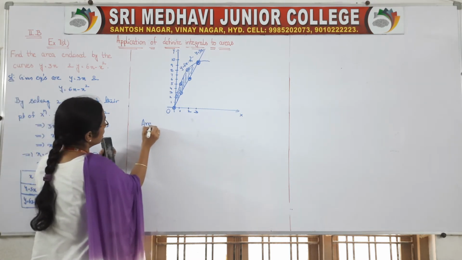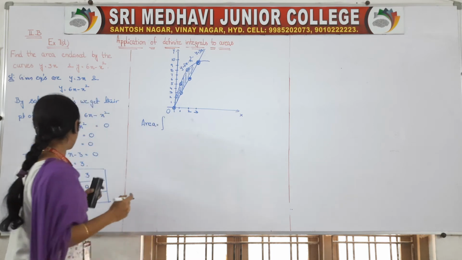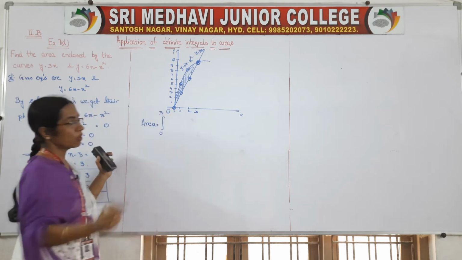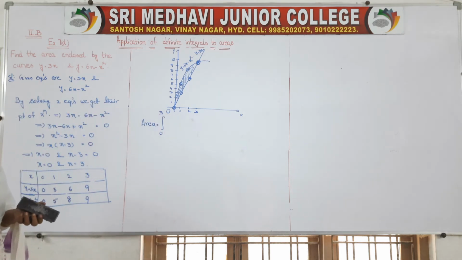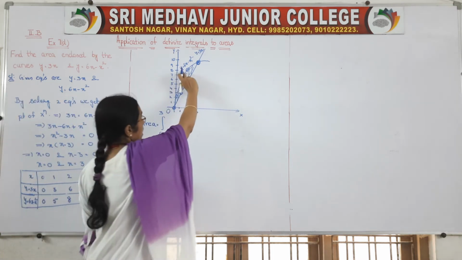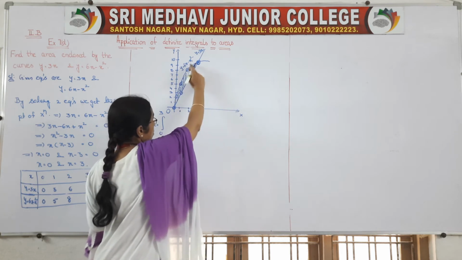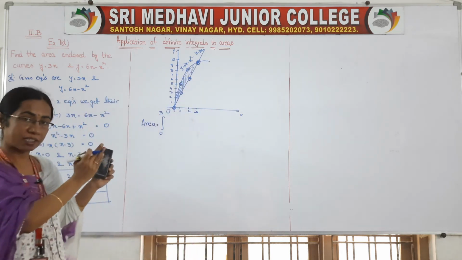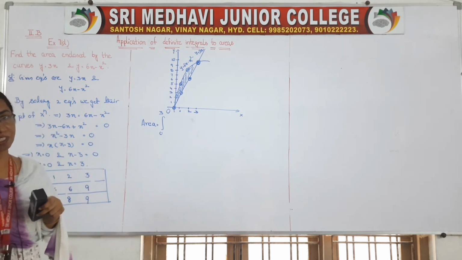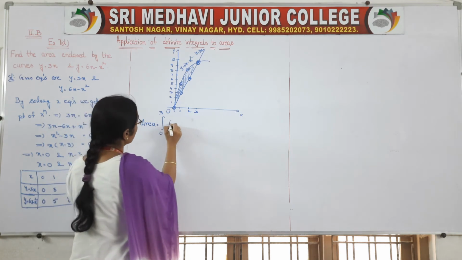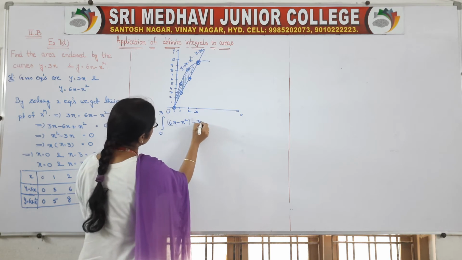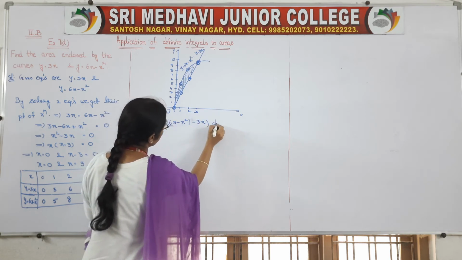Area is equal to integral, x values are 0 to 3. First we have to take that curve which lies upwards. So observe the diagram. y is equal to 6x minus x square is the curve upwards. We have to take that curve minus the curve which comes downwards in the area. So we take 6x minus x square minus 3x, into dx.